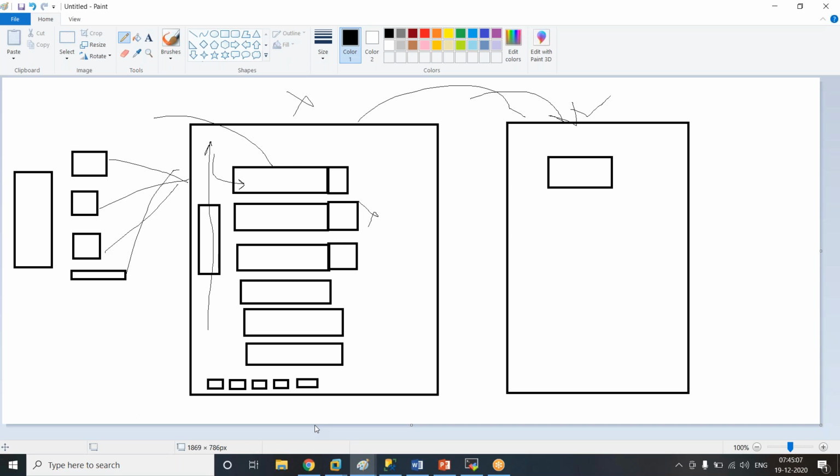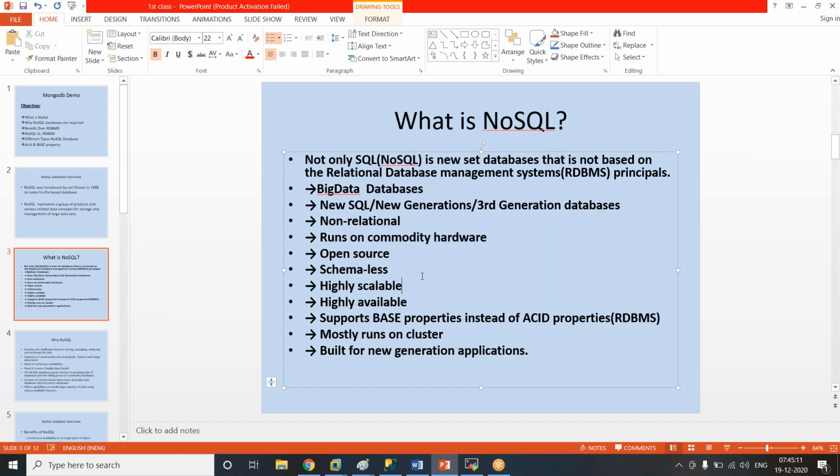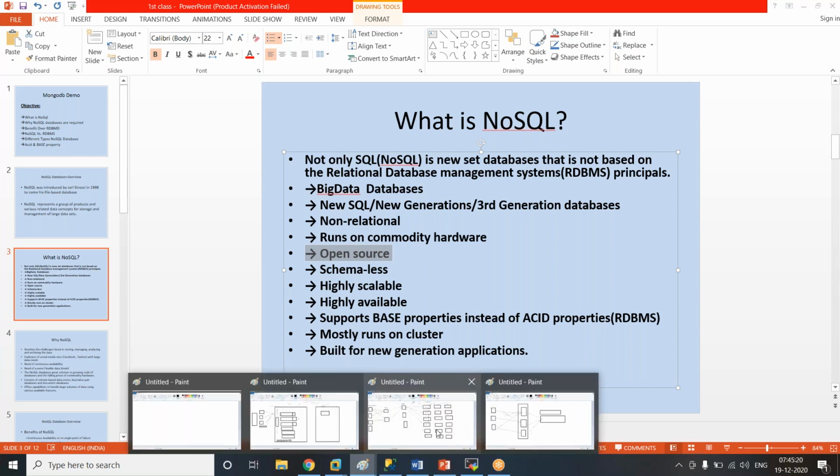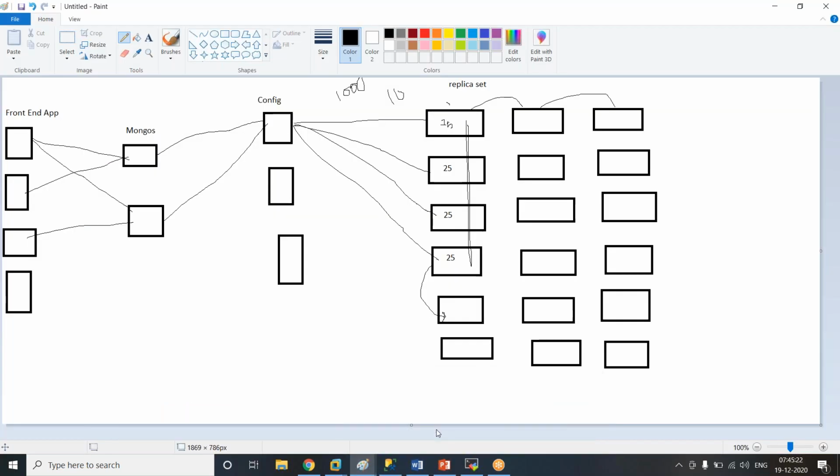So there are a lot of advantages, guys, with the NoSQL family. A lot of advantages, seriously. And this is open source, which means in Mongo we have two editions, community and enterprise. Community edition is equally capable of handling the data like enterprise, but a few features are taken away, like no automatic monitoring, no inbuilt backup mechanism, no encryption. Certain major features are taken away from the community edition, which is free.